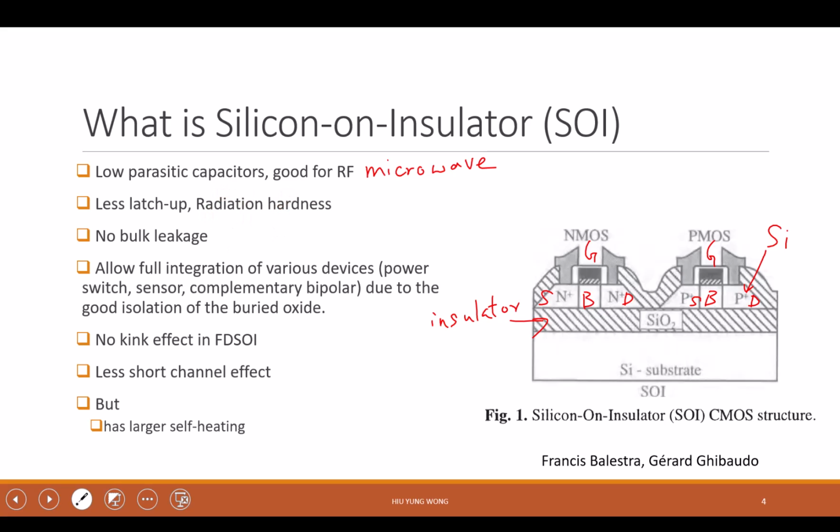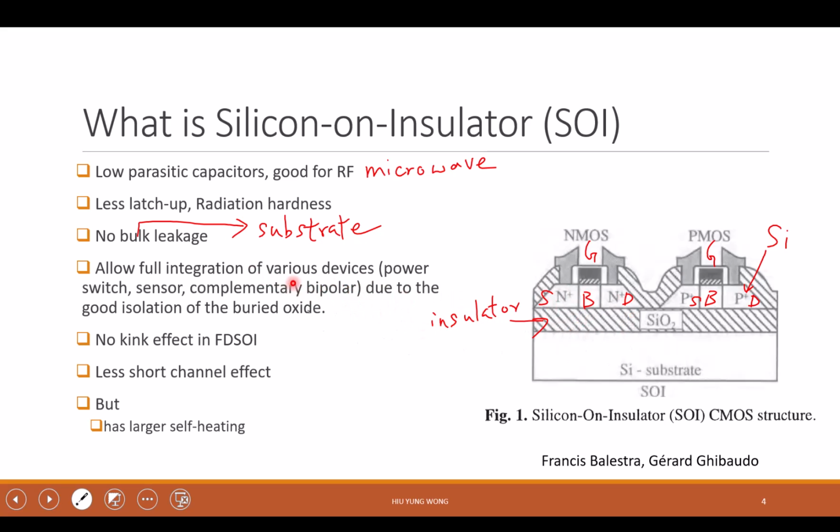But just know that it doesn't have the bulk leakage, of course, because this bulk is not connected to anywhere. So there's no bulk. Again, what is bulk? Bulk is the substrate, that we usually call substrate in the bulk MOSFET. And it allows integration of different devices.